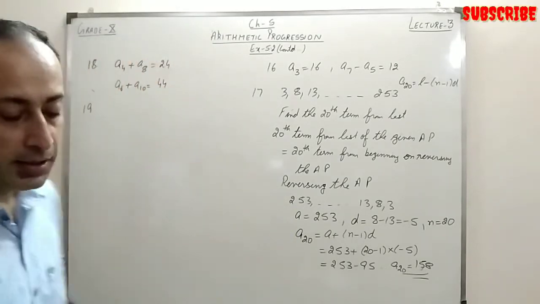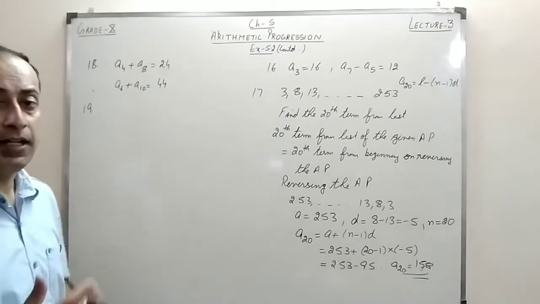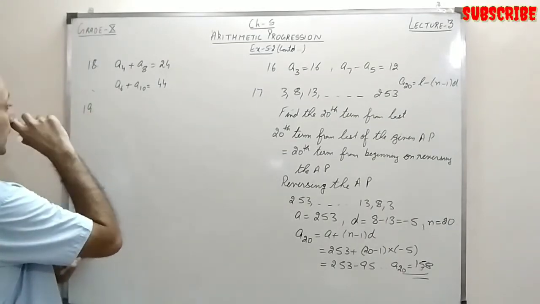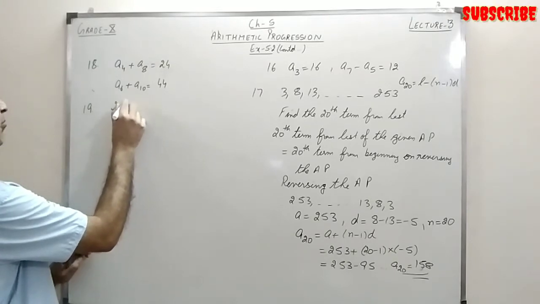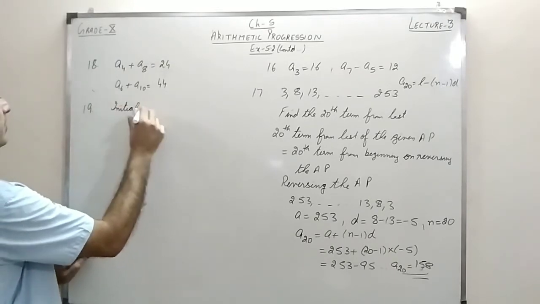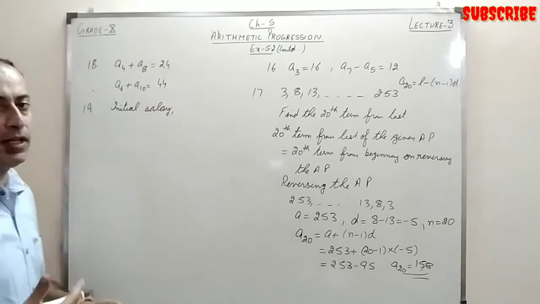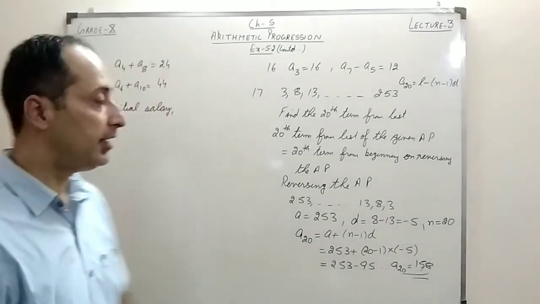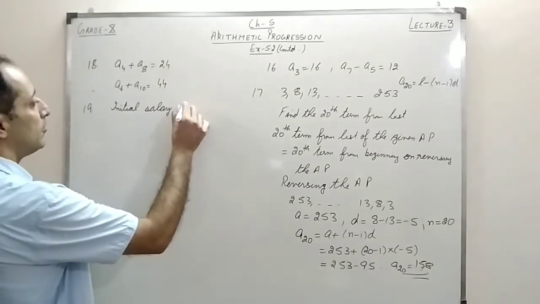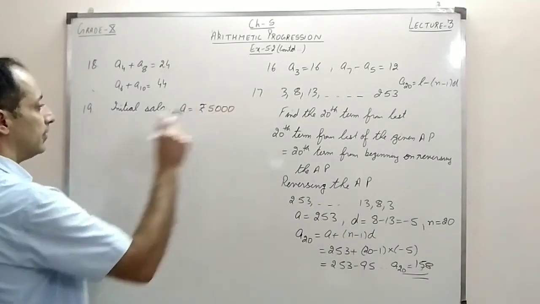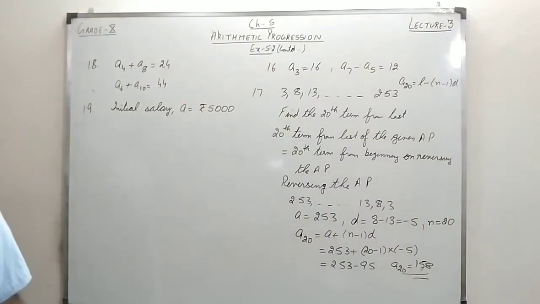So how can we do it? See, the annual salary in 1995 is 5,000. So I take it as the initial salary. Obviously, when we talk about initial, we are talking about the first term. So I write initial salary A equal to rupees 5,000. What next is given to me? The common difference.